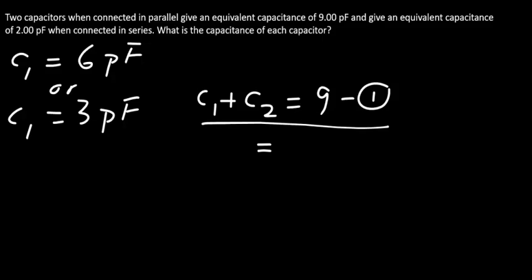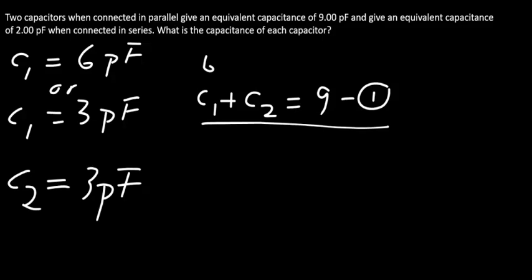And using equation 1, we can find C2. If C1 is 6, then C2 is 3 picofarad. If C1 is 3 picofarad, then C2 is 6 picofarad.